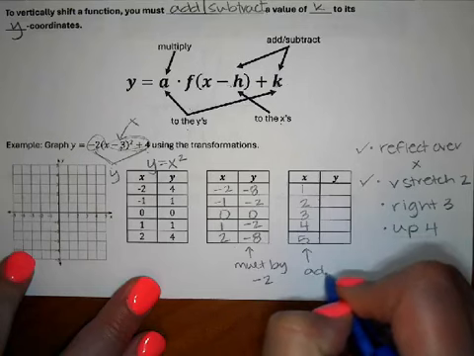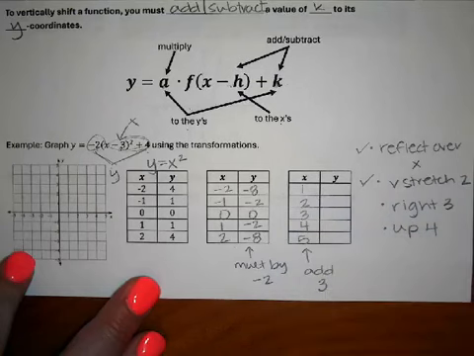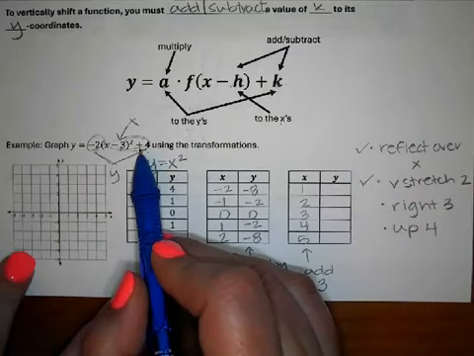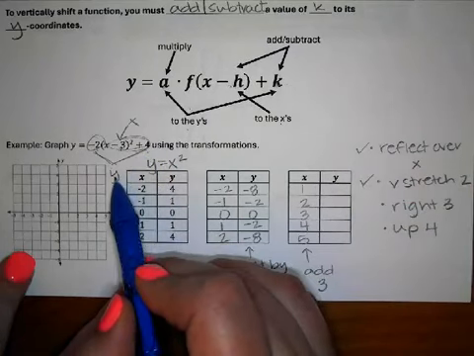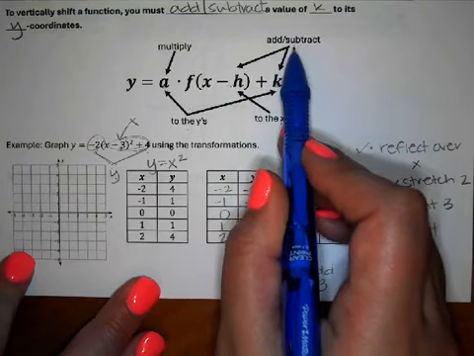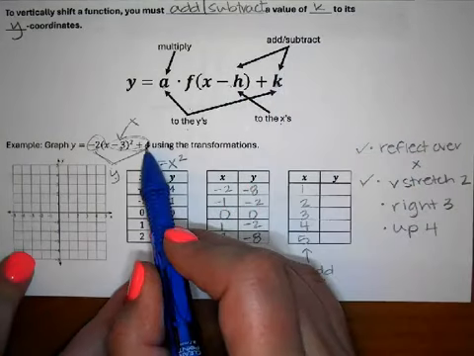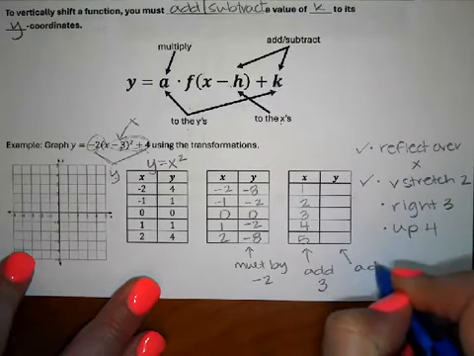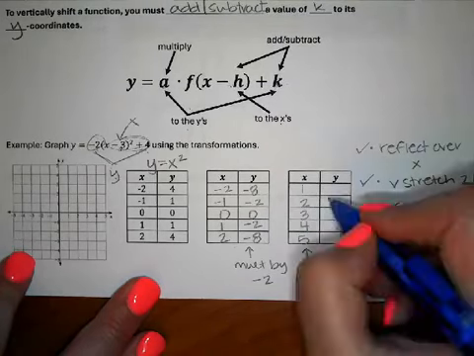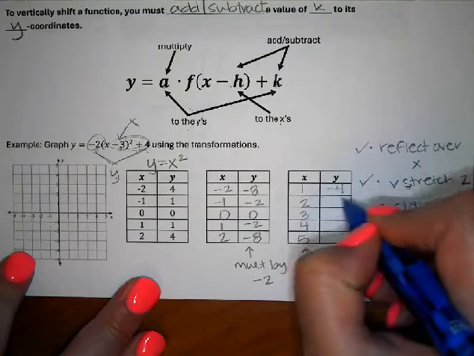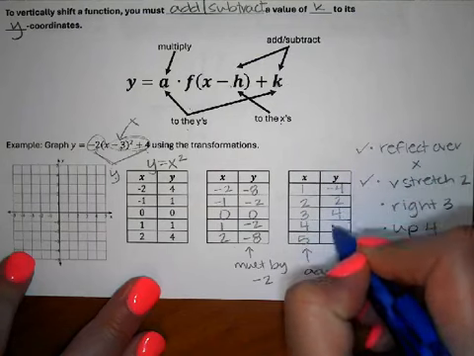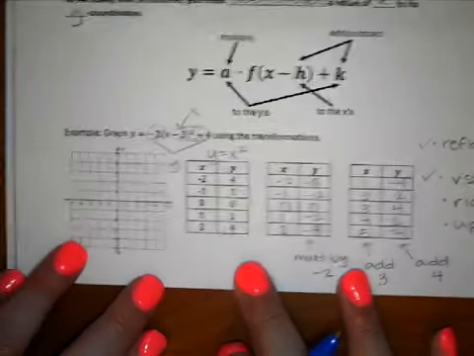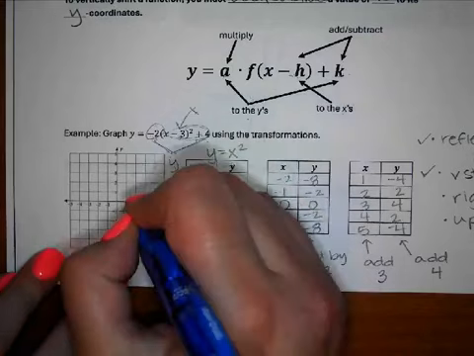Okay, and then for the last, I have the +4 on the end. This happens to the y coordinate, and it's something that you do by adding or subtracting. It's shifting the graph up 4, and so I'm going to add 4. So +4, +4, +4, +4, +4. Okay, and now I can graph my transformed function.